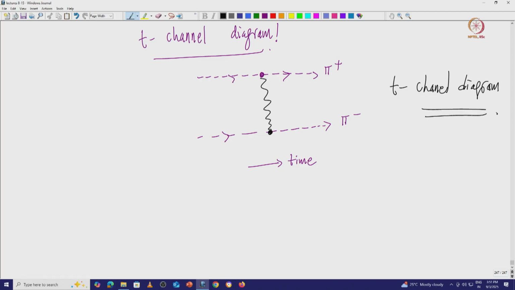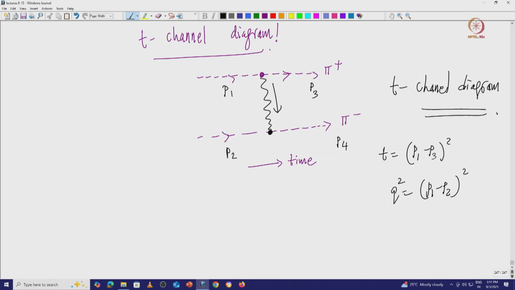Why? The momentum exchanged: P1, P2, P3, P4, with P1 minus P3 the momentum exchanged, whereas the momentum Q which is exchanged is P1. At every vertex you have to balance the momentum.